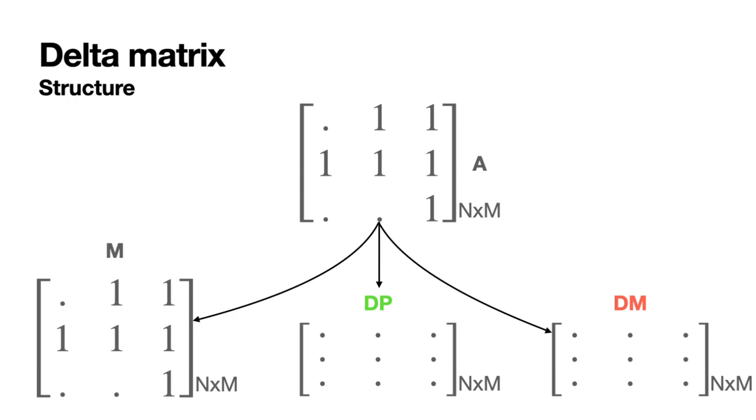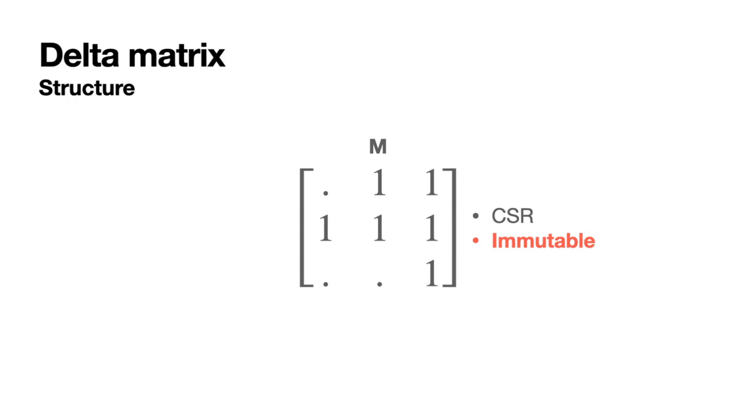The first one we refer to as M. It's basically the original A. And then we have two additional matrices, delta plus (DP) and delta minus. The important thing about M is that it is immutable, because we know that the problem is changing this big matrix. We don't want to touch it, and as such, it is immutable.